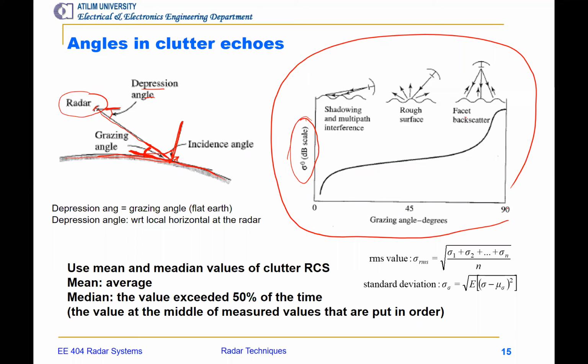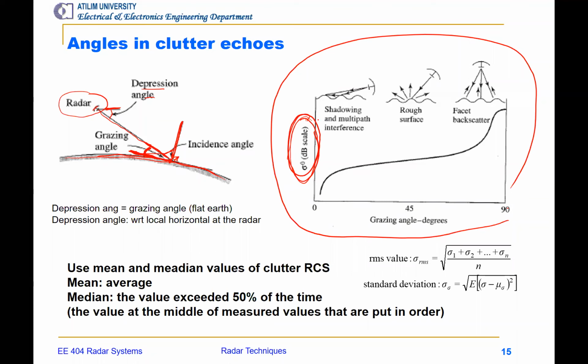And in the subsequent slides, we'll be giving some RCS values for surface and sea clutter. All are simply based on measurement data, and there is no simple formula for this reflectivity.